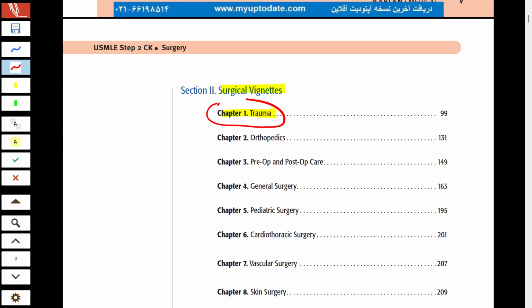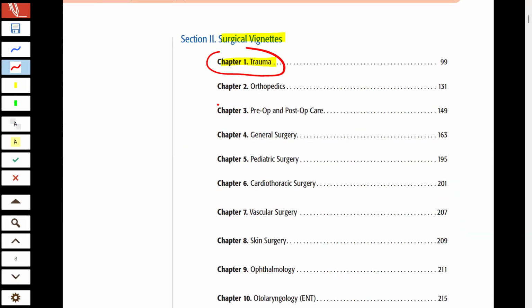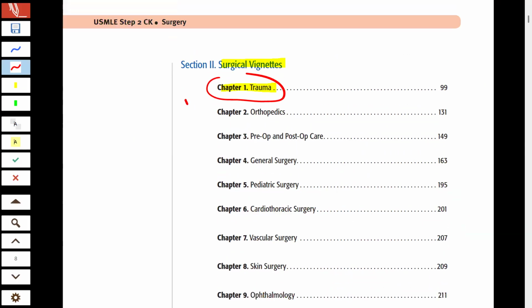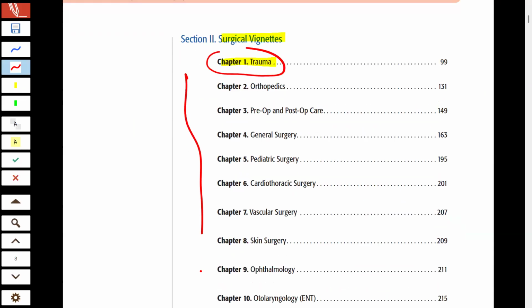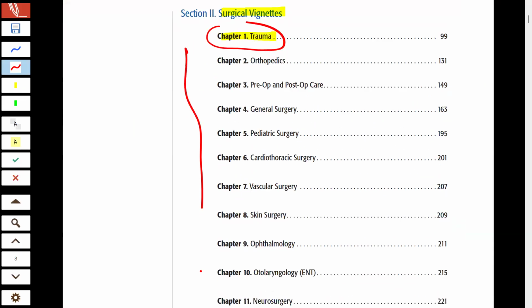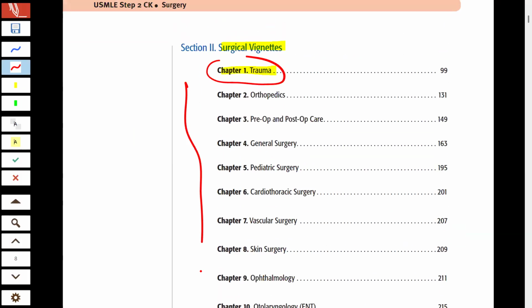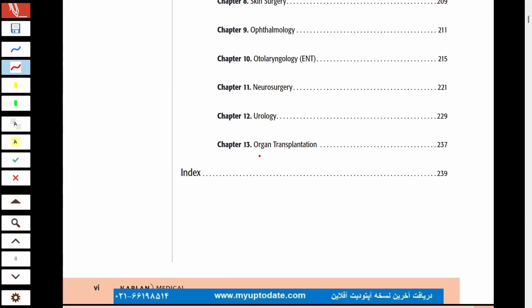These are clinical scenario-based MCQs, and every chapter in Kaplan Surgery has surgical vignettes after the theory. You must at least go through the trauma surgical vignettes and the general surgery ones. Others, if you want, you can go through.